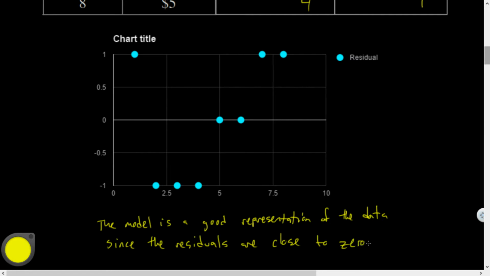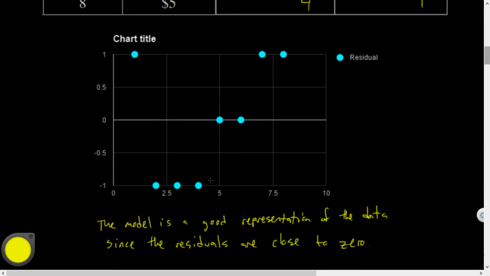If I had some super far away, I would be a little concerned. Let's count them: I've got 1, 2, 3 up above the line and 1, 2, 3 down below.